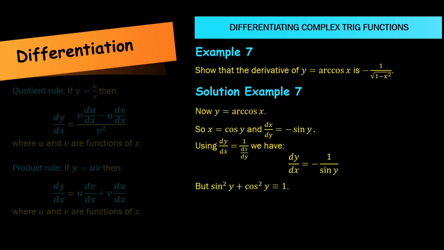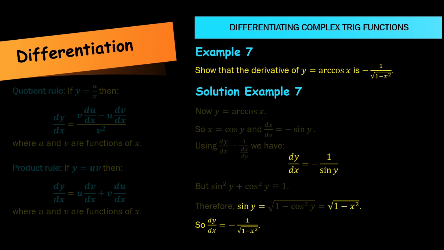But since sin squared y plus cos squared y is identical to 1, sin y is equal to root 1 minus cos squared y, which is equal to root 1 minus x squared. And therefore dy/dx equals minus 1 over root 1 minus x squared.